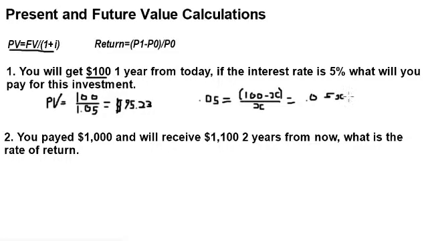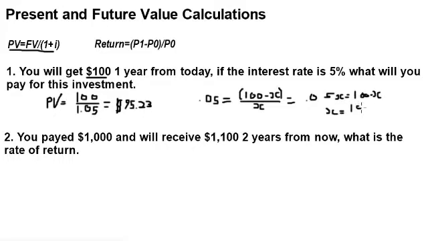If we do that, we get 0.05x is equal to 100 minus x. Once we break this down a little more, we get 100 divided by 1.05, which is, interestingly enough, the exact same thing we got when we did the present value calculation.